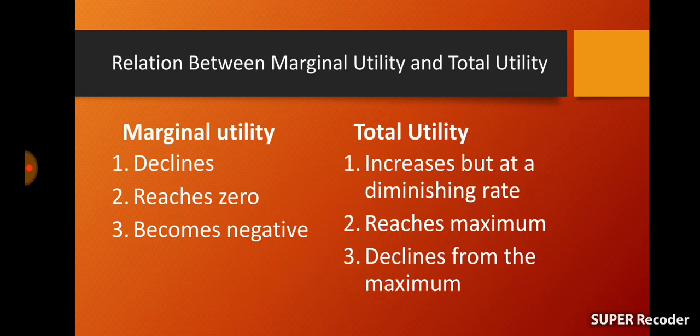So this is the relationship between marginal utility and total utility. If a consumer consumes more and more units of a commodity, his marginal utility will decline in the first stage, then it attains 0 and finally it becomes negative. And total utility increases at a diminishing rate in the first stage, then it attains maximum and finally it declines.